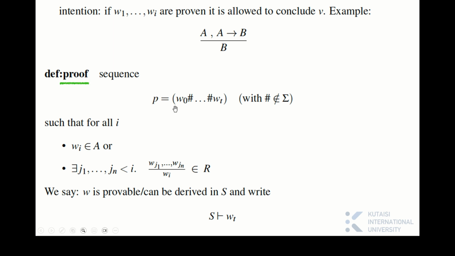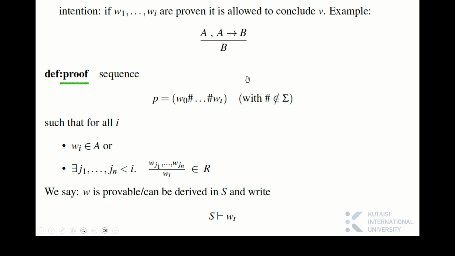So a proof is a sequence, again, it's just a long string with the hashtags, W0 to WT, such that each Wi is an axiom, or any next one is a derivation of the previous ones. That's it.